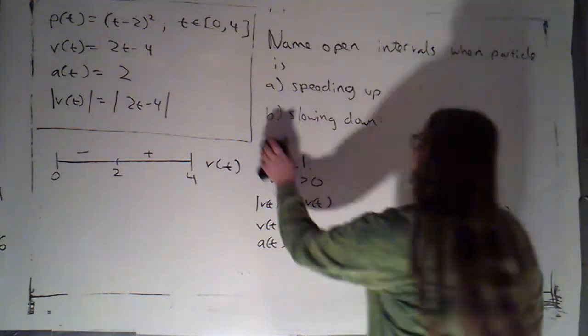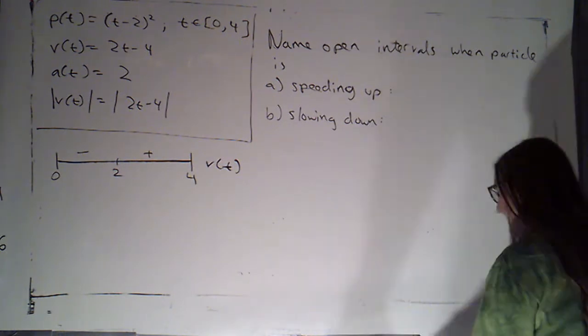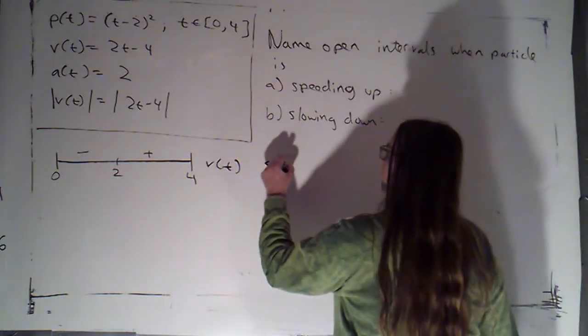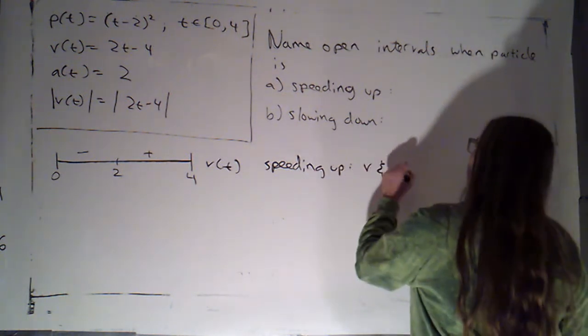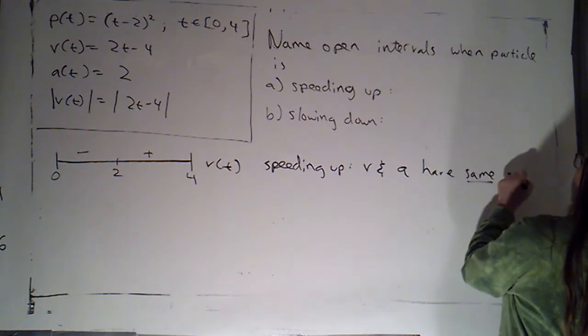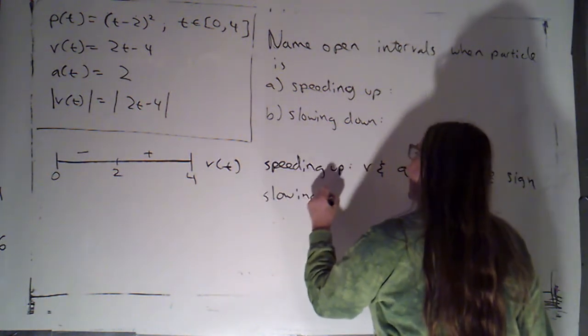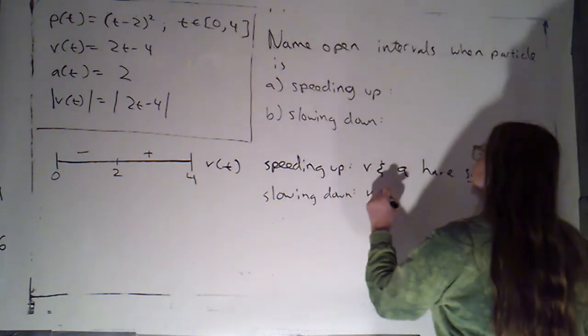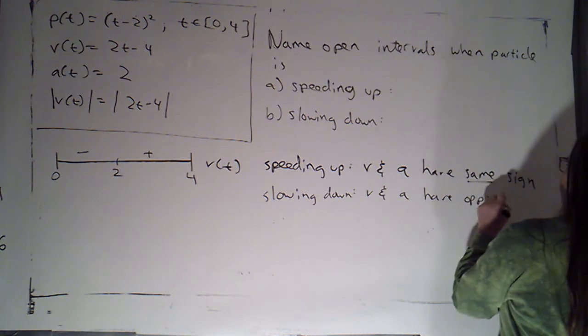We will be speeding up if velocity and acceleration have the same sign. And that means that conversely, we will be slowing down if the velocity and acceleration have opposite signs.